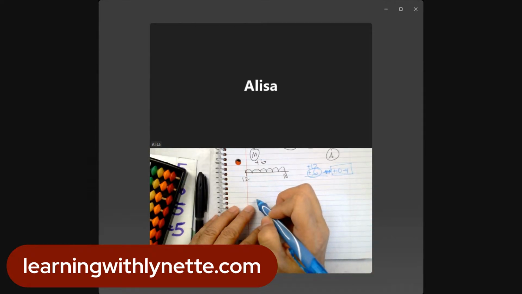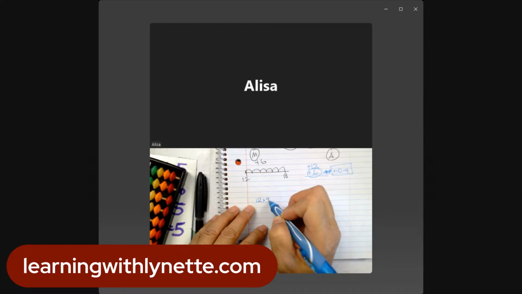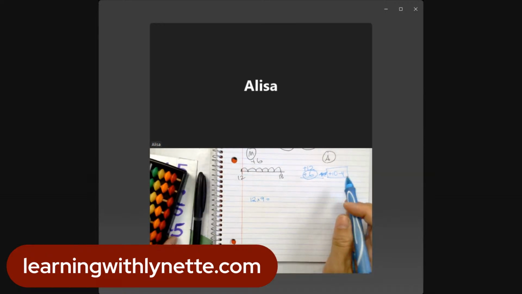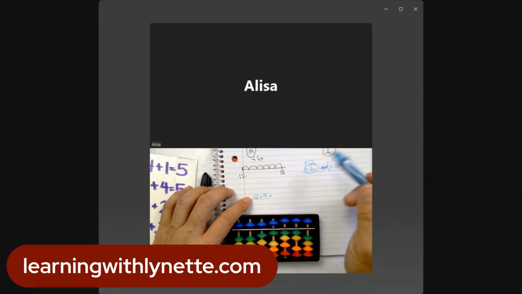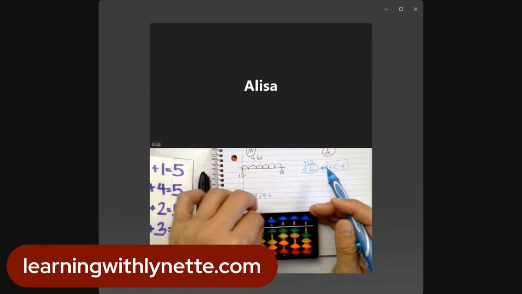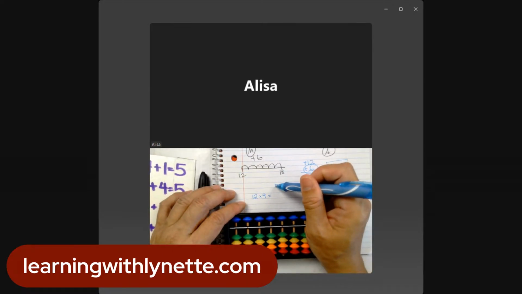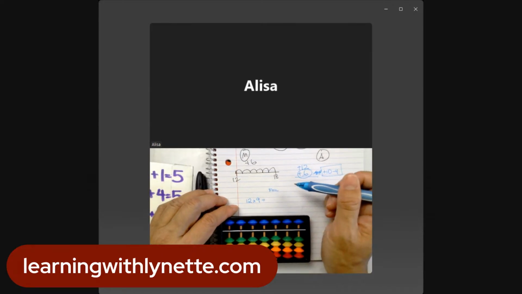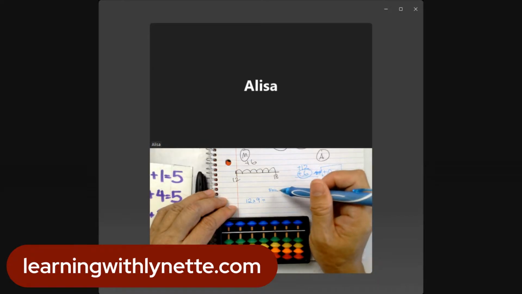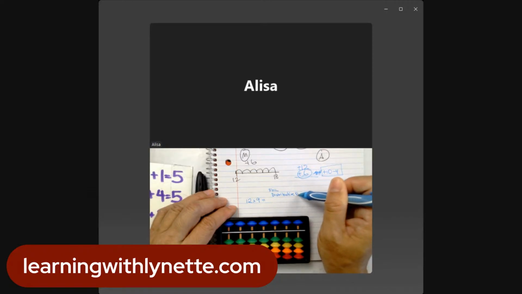Let's do 12 times 9, right? So this is the beginning part of understanding the distributive property. I don't teach FOIL. FOIL is an acronym and it's not scalable. What we're doing is the distributive property.